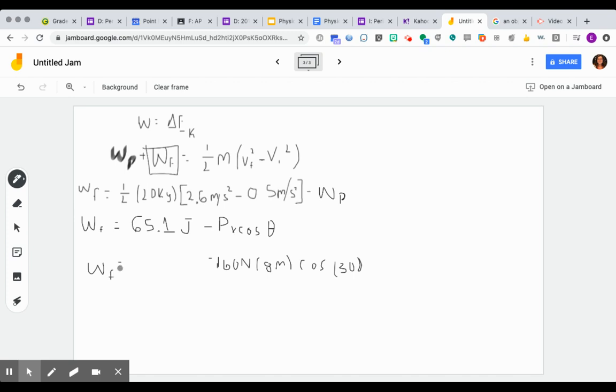We'll subtract that expression from 65.1 joules to find the work that's done by the force of friction.